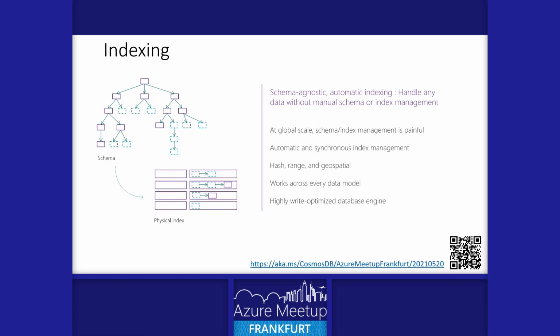So if you imagine you have a JSON document with 1,000 properties, you index all of them, the RU charge for inserting or updating this document will be significantly higher than if you reduce the number of properties that get indexed.